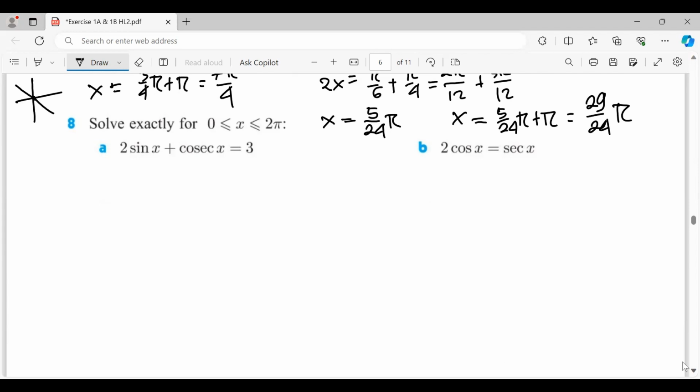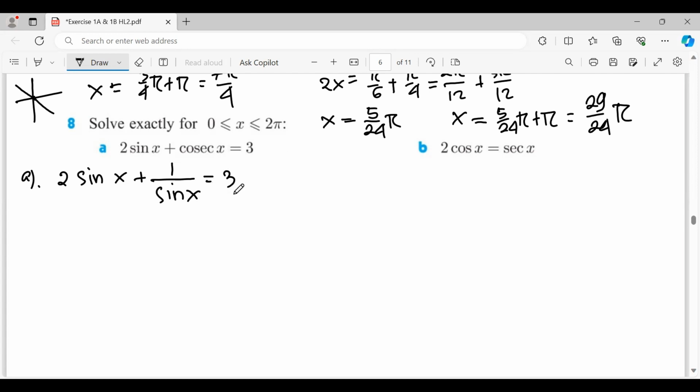A: 2 sine x plus cosecant x equals 3. Cosecant x, I'm going to change to 1 over sine x. So 2 sine x plus 1 over sine x equals 3.